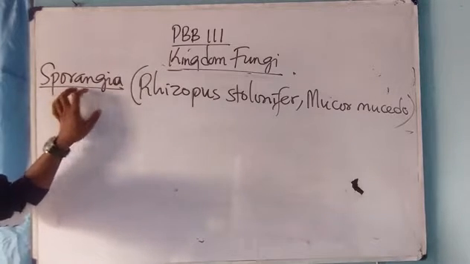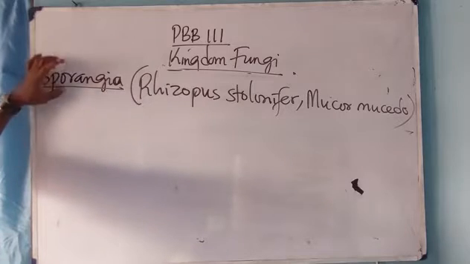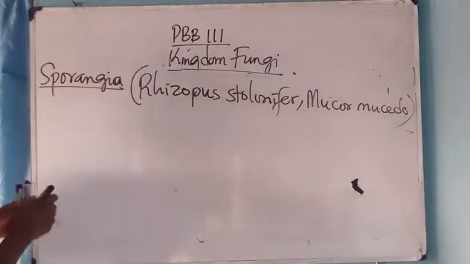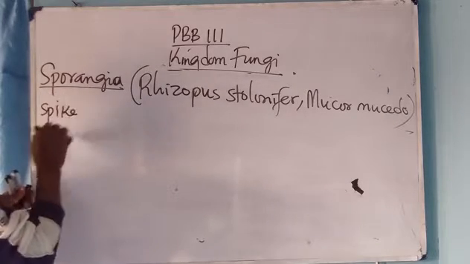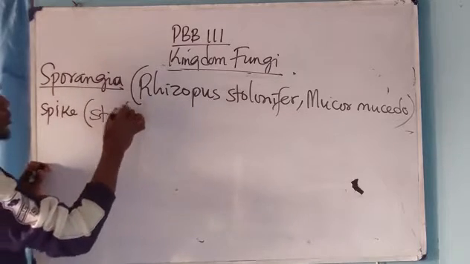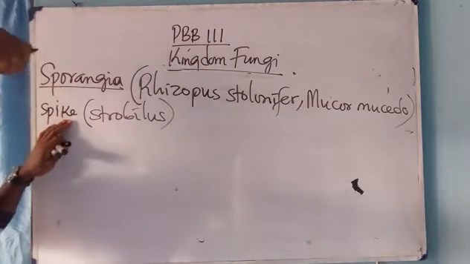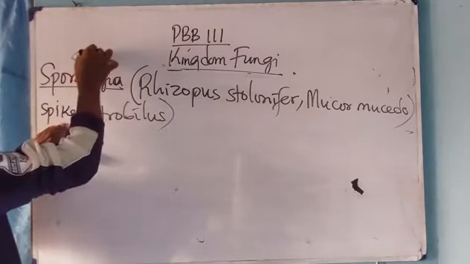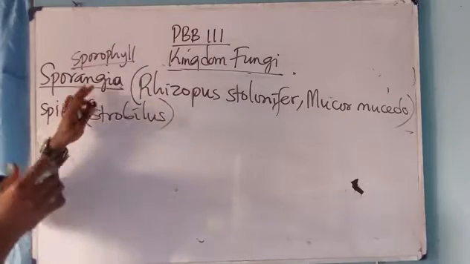When I was teaching pteridophytes, I said that these sporangia form a spike at the tip of the stem. This spike is called a strobilus. Okay, no, it is the sporophyll that does that rather. The sporophyll is a leaf.